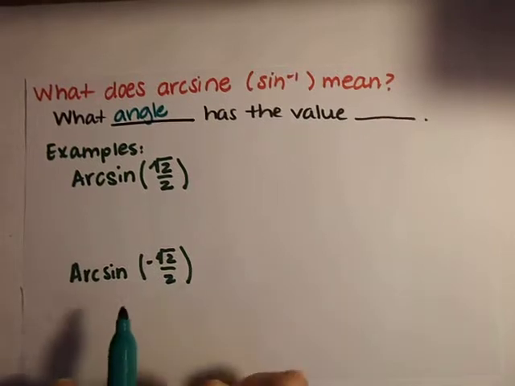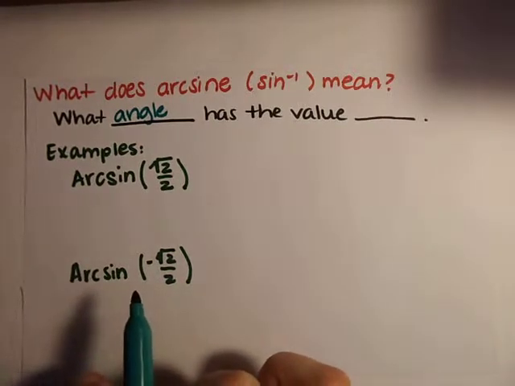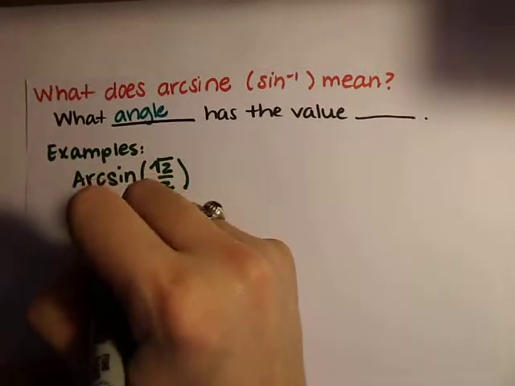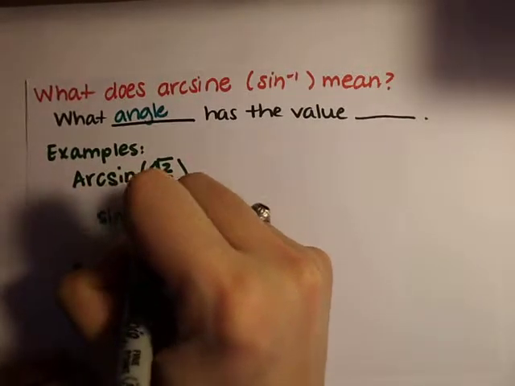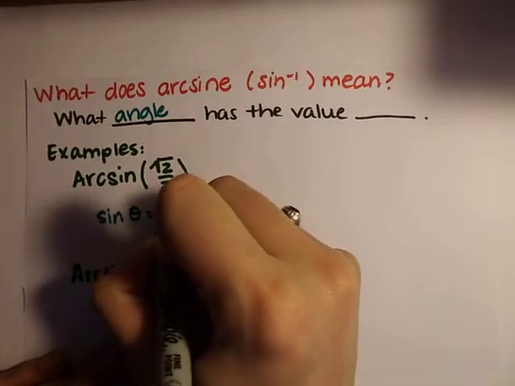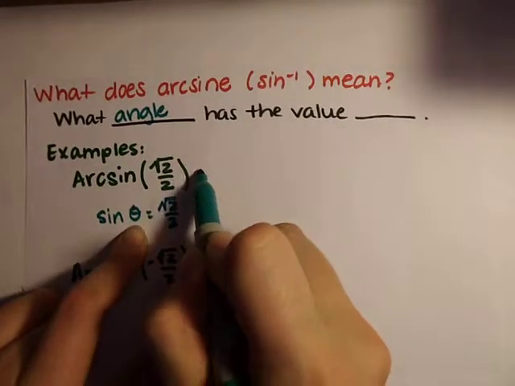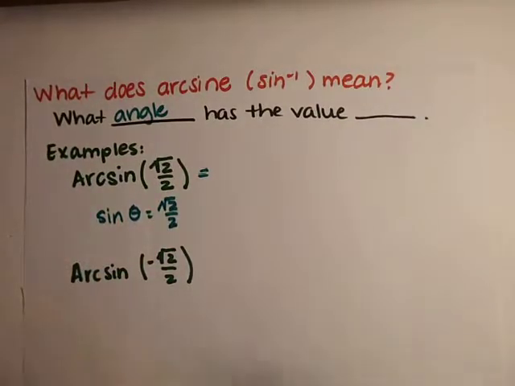So looking at this first one, arc sine of square root of 2 over 2, we're really saying that the sine of some angle theta equals the square root of 2 over 2. We want to find that angle theta. So we can take a look at our unit circle.